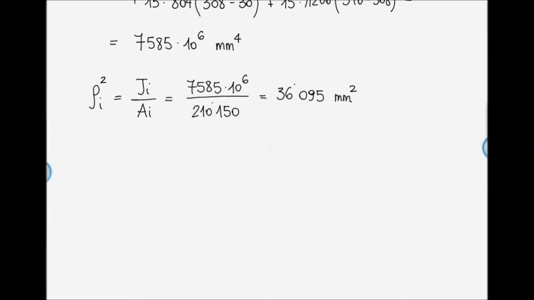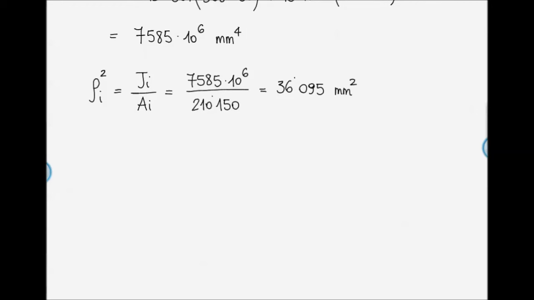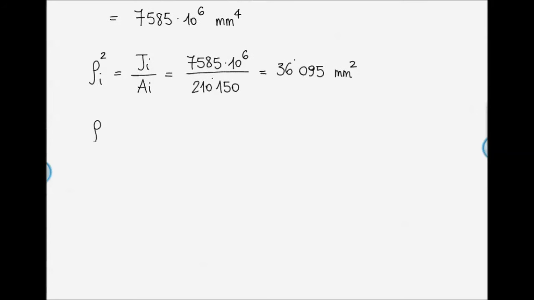So by knowing the radius of inertia now, we can calculate the dimensions of the central core of inertia, which are rho n I and rho ns. Well, rho nI is equal to rho I squared over YGS, the position of the centroid of the homogenized cross-section with respect to the superior fiber of the cross-section.